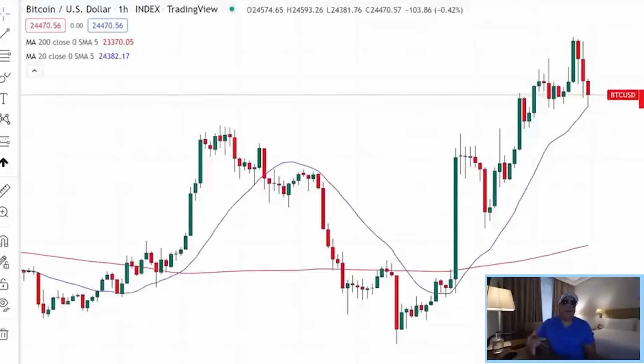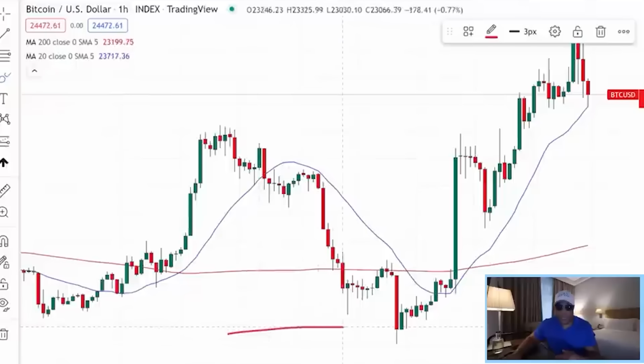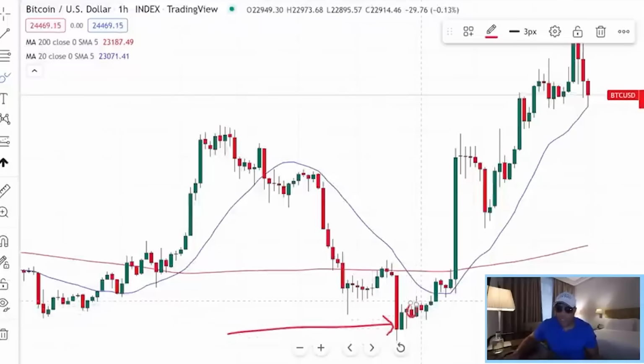Look at the lowest low on the Bitcoin chart. Now we're looking at the 1 hourly time frame of Bitcoin. Fat giant red bar, zero follow through, guys. Don't confuse these reds as follow through.